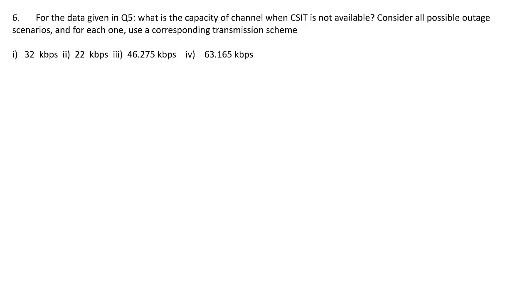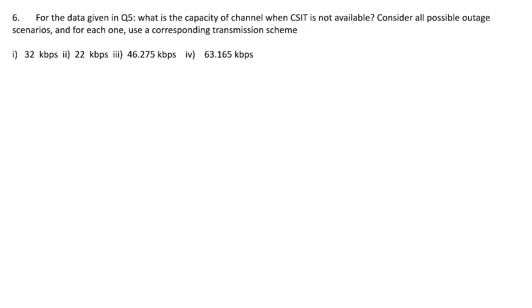There is a possibility of communication failure because your instantaneous channel capacity is A and you are transmitting at a rate B which is greater than A. So effectively your transmitter is transmitting at a higher rate than the channel capacity at that time instant, and it is doing that because it is unaware of the channel state information. It does not have the information, so it cannot calculate the channel capacity.